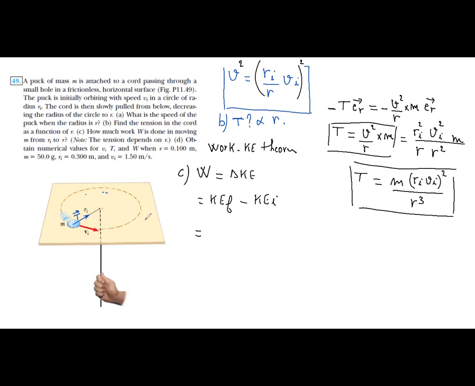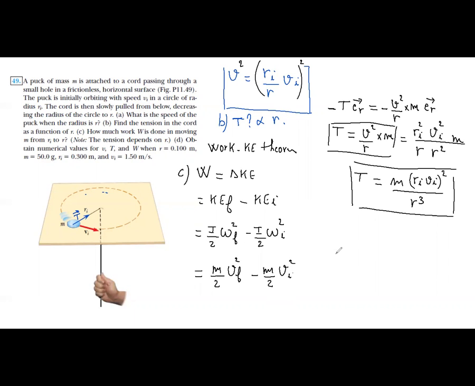We have a rotational motion, circular motion, so we have I over 2 omega final square minus I over 2 omega initial square. We can write it like this, or we can write M over 2 V final square minus M over 2 V initial square.